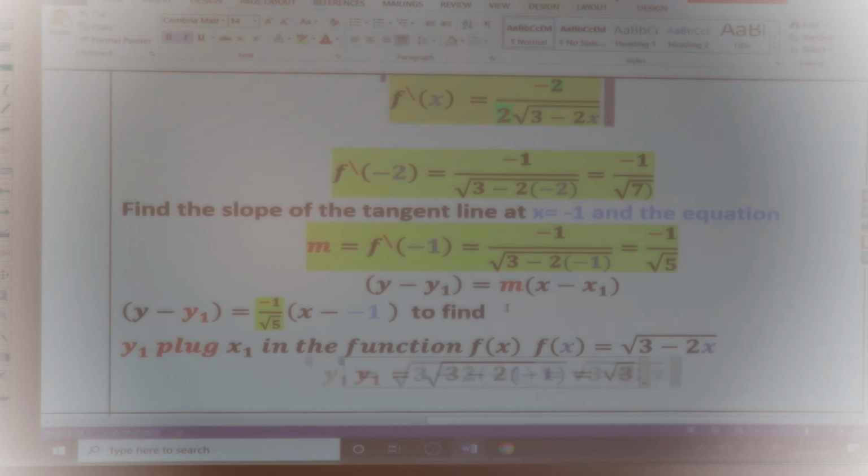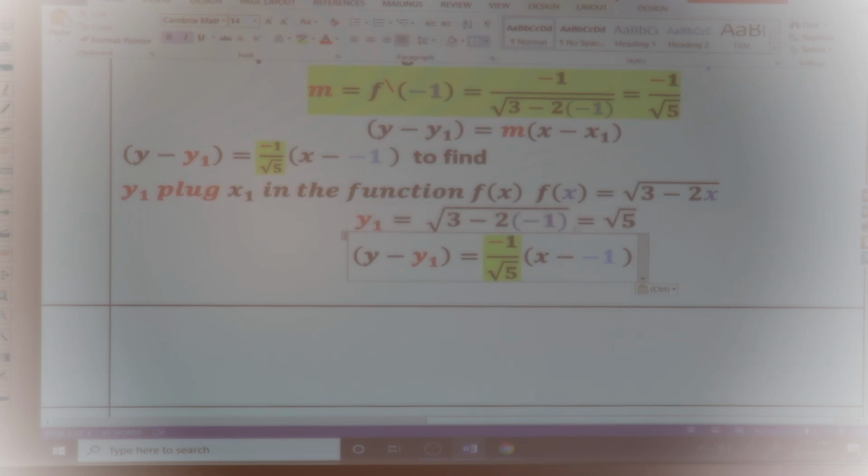We don't need this. Then go back to this equation, and y minus square root of 5, and this guy becomes a plus. I'm going to leave this for you to simplify. You multiply this by this, and this is the point-slope form for my tangent line equation.